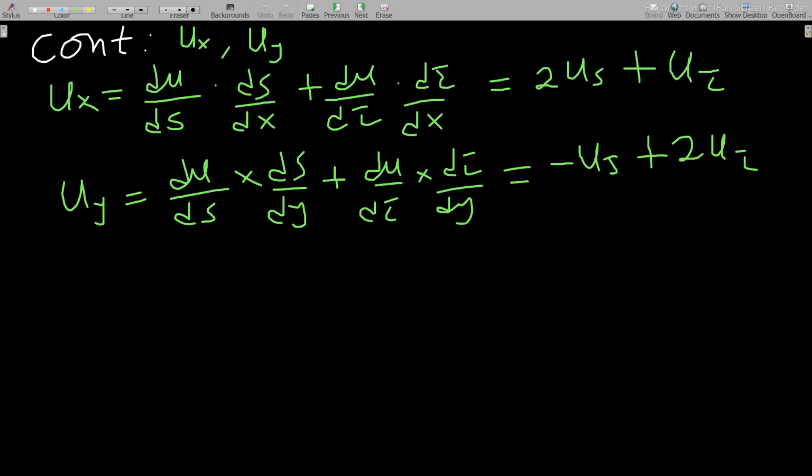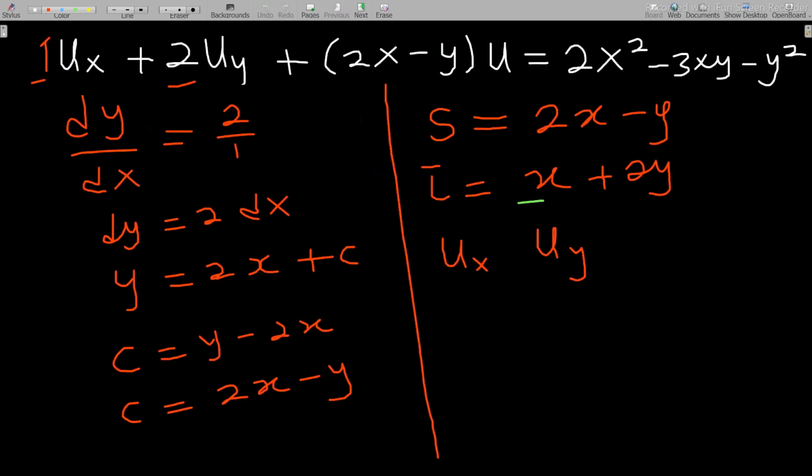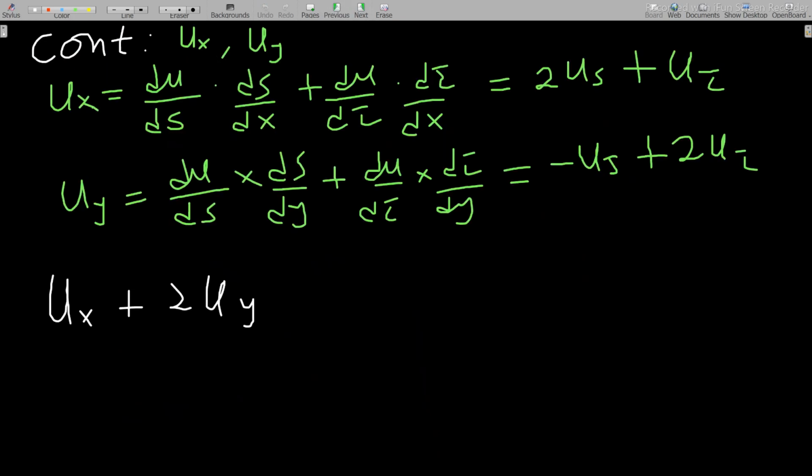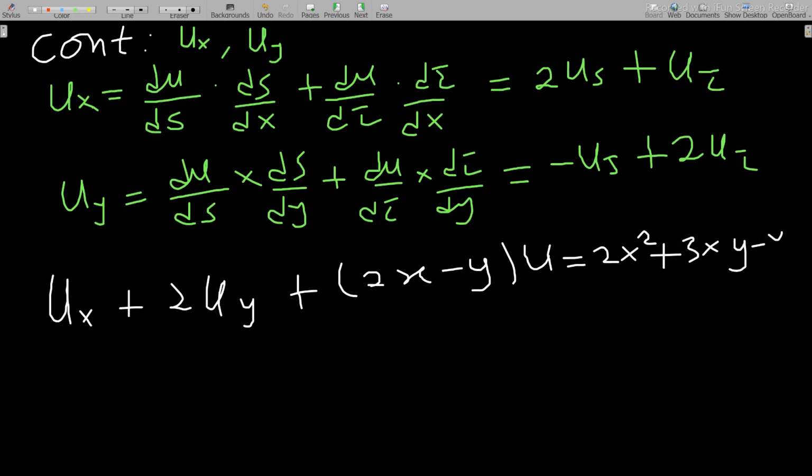Now I come back and put ux and uy into our main differential equation, or PDE, which is giving us ux plus 2uy plus 2x minus y u equals 2x squared plus 3xy minus 2y squared.